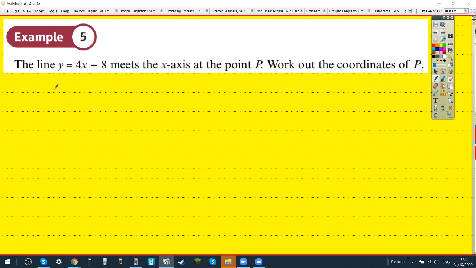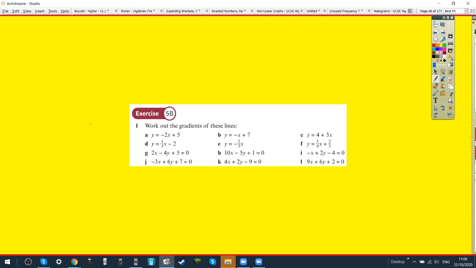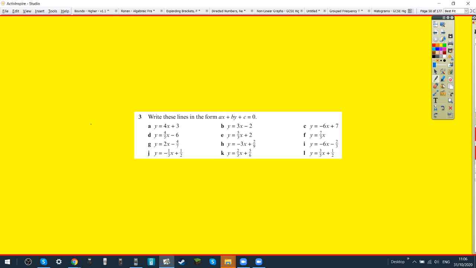Well done. Okay. So would it be 2? Yeah, got it. X equals 2. And so as coordinates, it would be 2, 0. Great. 2, 0. So this is the stuff people have difficulty with.